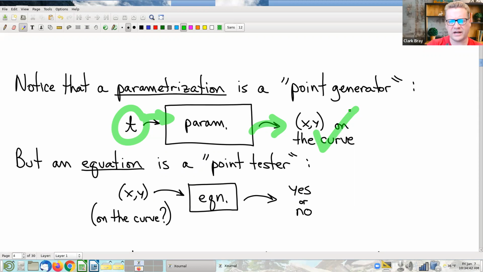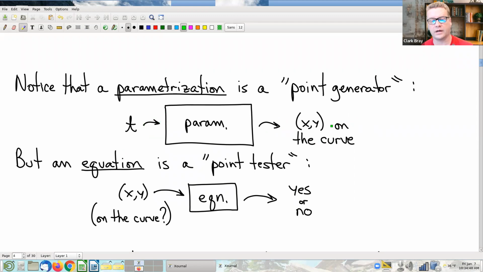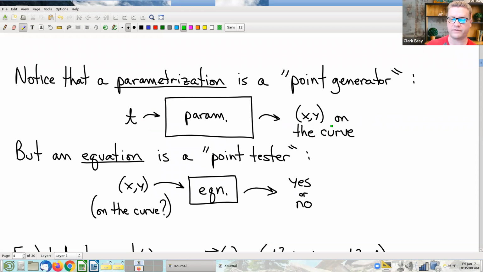So it's, structurally, a very different sort of strategy for how to describe a curve. And this distinction is a good thing to consciously have in mind, that these describe curves in these very different ways.